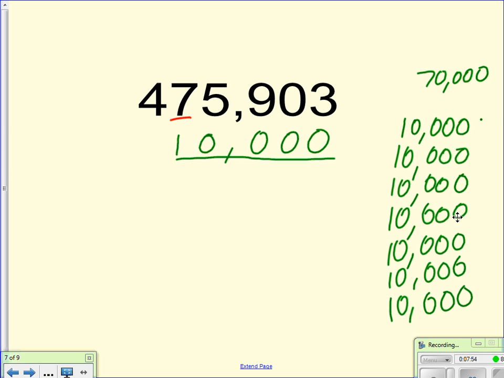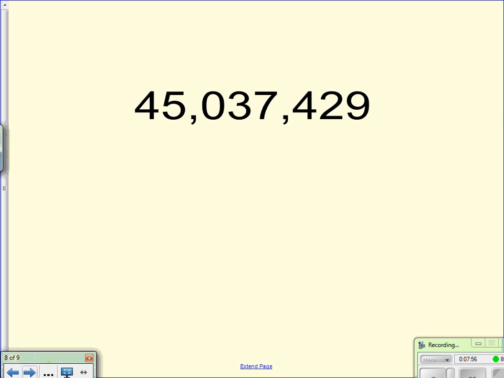Let's look at another number. Let's look at the 5 here. Can you think on your own here before I show what's the place value of the 5? Doing it the same way. Put a 1 on the 5. Throw zeros in for all my other numbers.